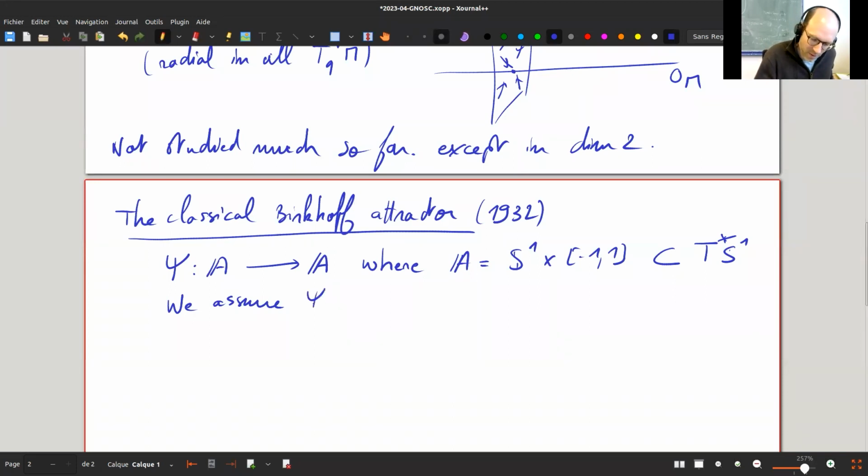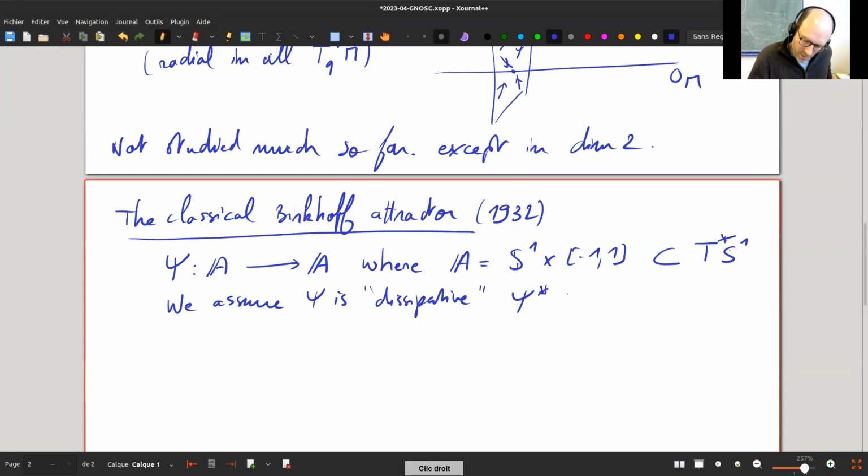Okay, so we assume psi is dissipative, which means that psi star omega, so the symplectic form, the area form, is a omega for some a, which goes from A to R, and such that a is between 0 and 1 strictly.